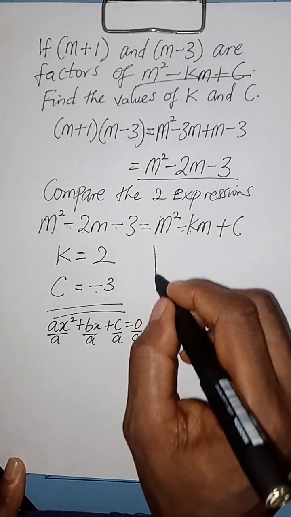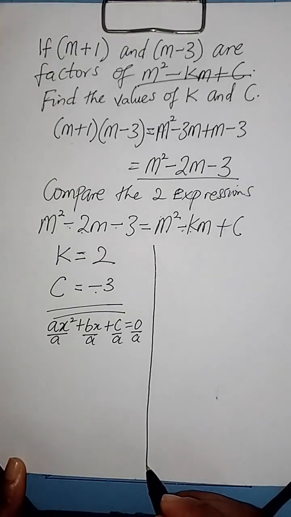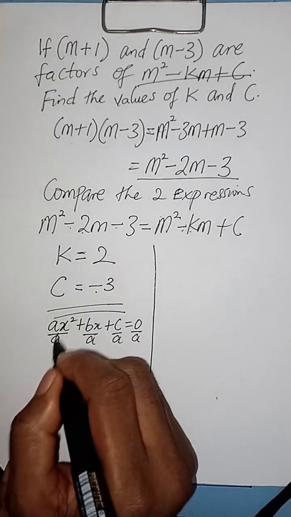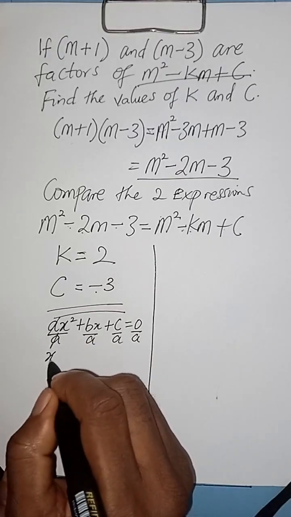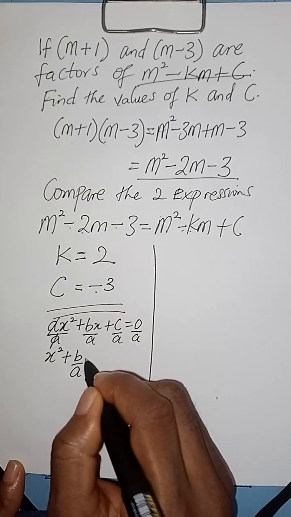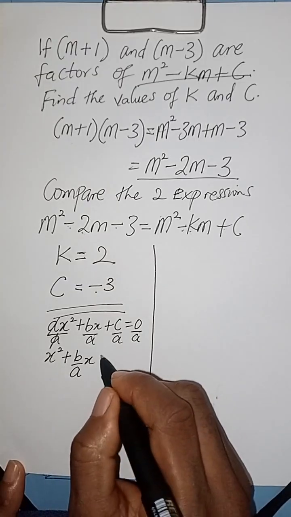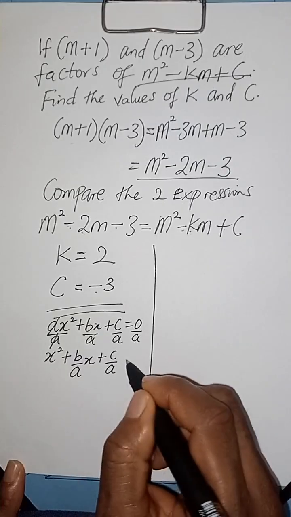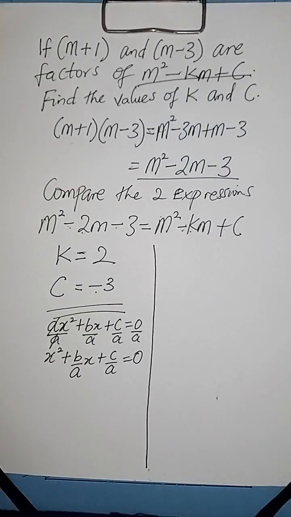I'm going to shrink this so that it will be enough for me to solve. If I do that, a will cancel a: x squared plus b over a x plus c over a equal to 0. So here, the coefficient of x squared is 1.